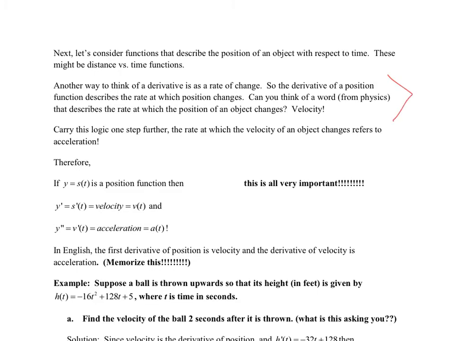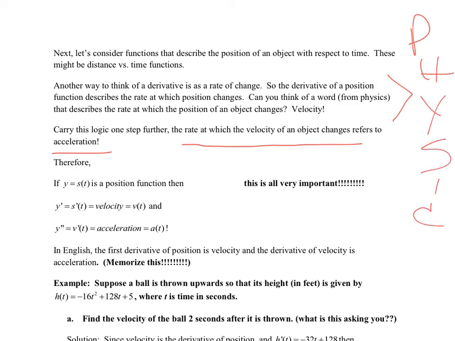Then, going one more step, the rate at which velocity changes is acceleration. So your brain should be thinking physics, because this is all physics. So let's look at a problem.